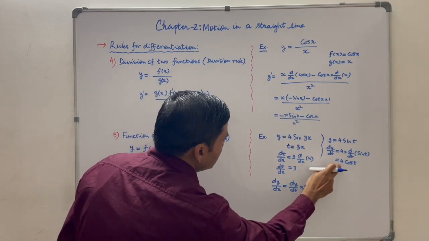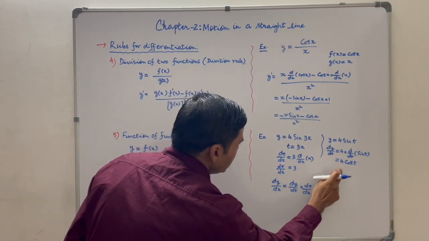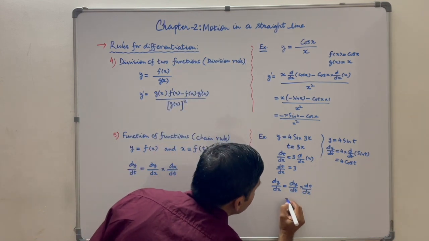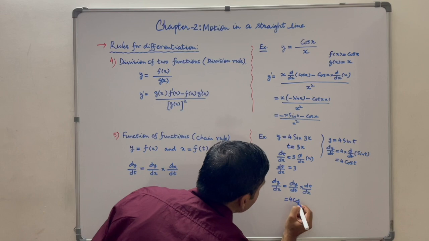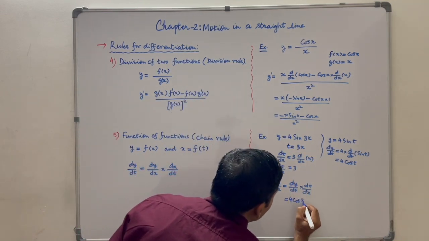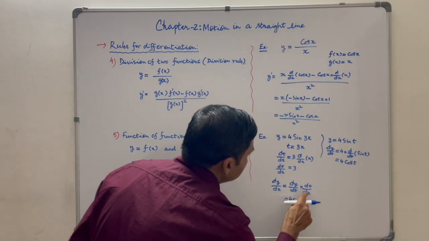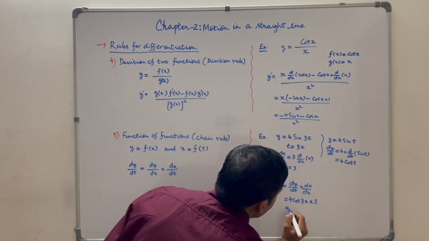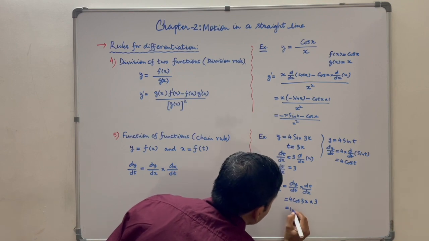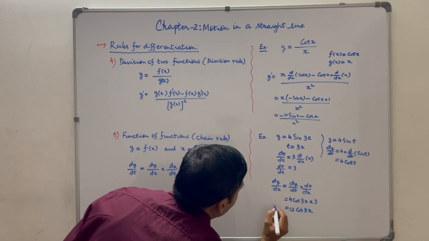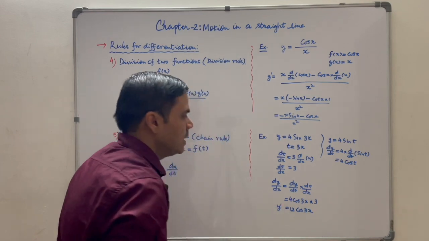So we will substitute these two values here. dy/dt, just calculated, is 4 cos t. In place of t, we will put back 3x: 4 cos 3x into dt/dx. dt/dx is 3, so 4 into 3, that is 12 cos 3x. That will be equal to y' or dy/dx.